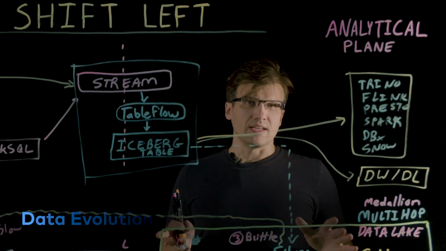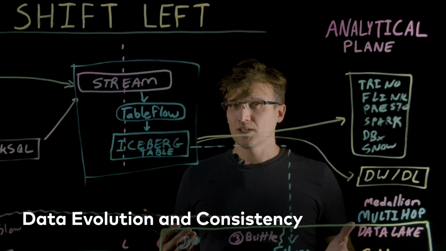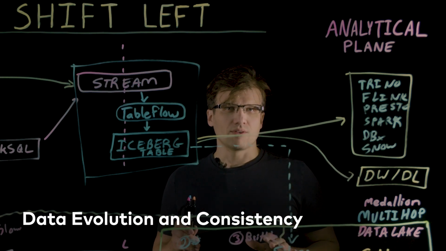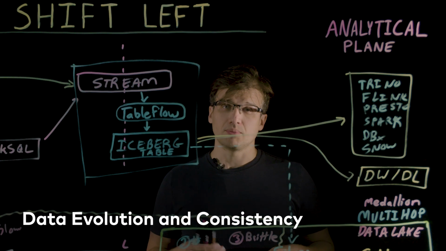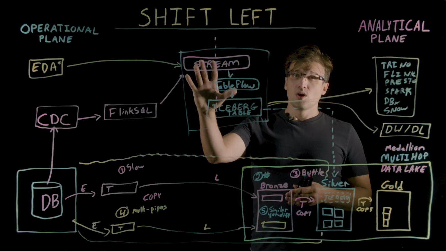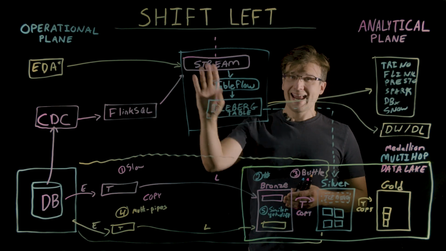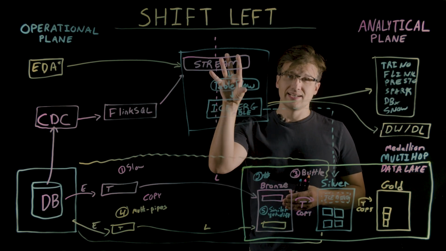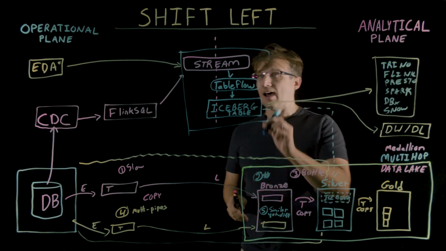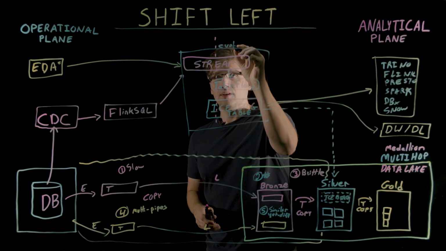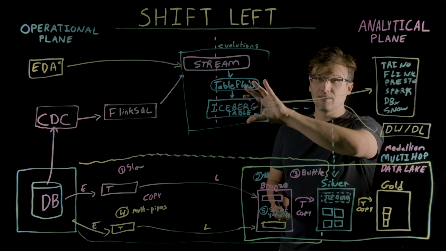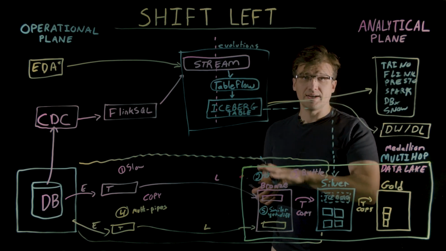A major benefit of shifting left is that you get a simpler and more flexible data architecture. It also unlocks some powerful capabilities that aren't present in your typical copy and paste multi-hop medallion architecture. For one, we can manage streams and table evolution together in a single logical entity, validating that evolutions to our stream don't break the table guarantees that we're providing.